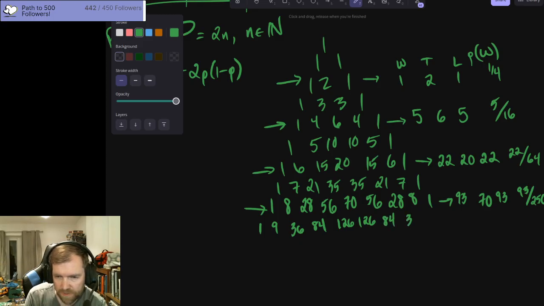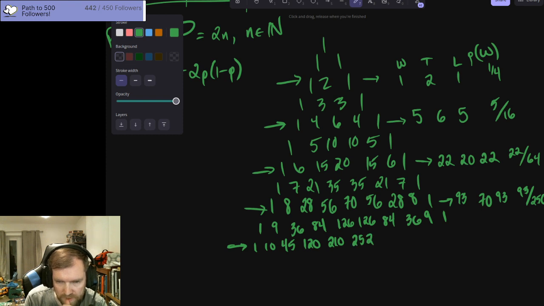Symmetric, 84, 36, 9, and 1. 10. 1, 10, 45, 120, 210, 252, 210, 120, 45, 10, 1.